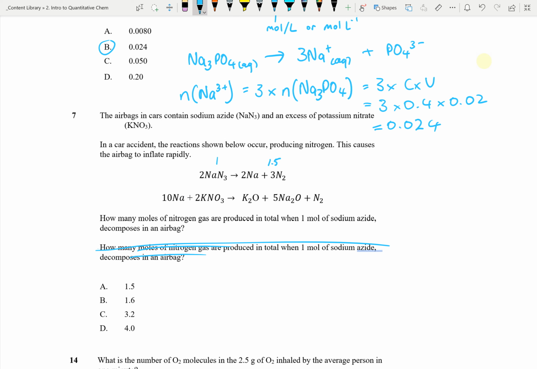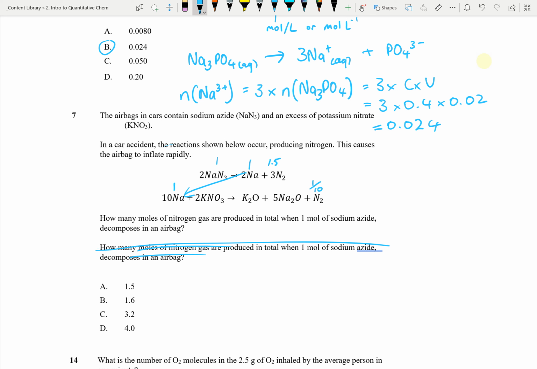So if this reaction didn't happen, I'd be locking in 1.5 moles. However, the trick in this question is that this sodium further reacts with the potassium nitrate and produces more nitrogen. So if I had 1 here, I would get 1 mole of sodium. That 1 mole of sodium would produce 1/10 that, because I have to divide by 10.